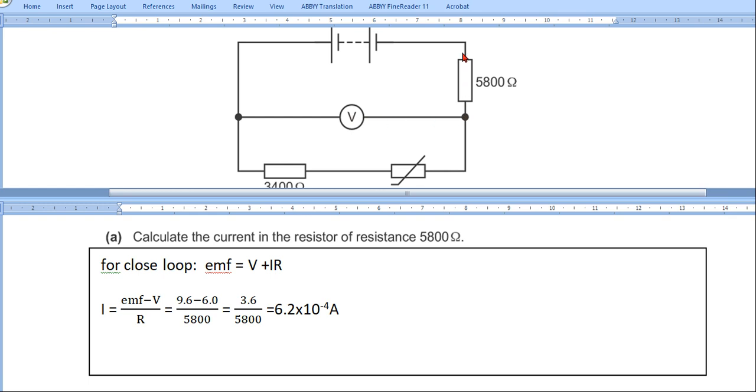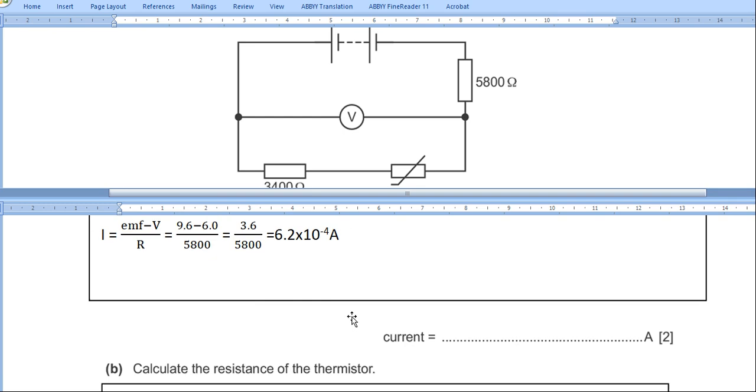So the rest is potential difference across resistor 5800. To find current, we divide potential difference by resistance and we get this value.